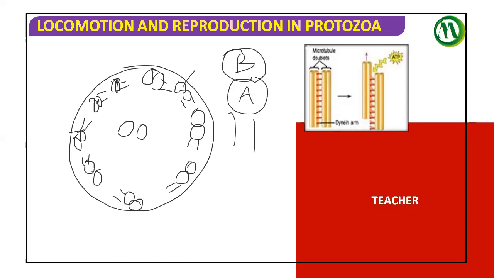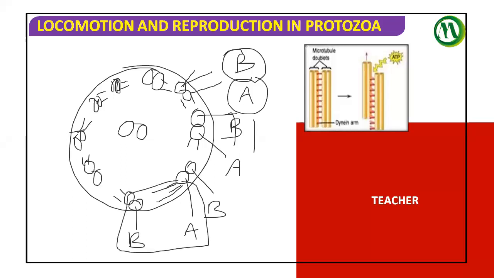This is B and this is A. Also, the inner sheath is connected with the A microtubular doublet with the help of radial spokes. Do you remember that?